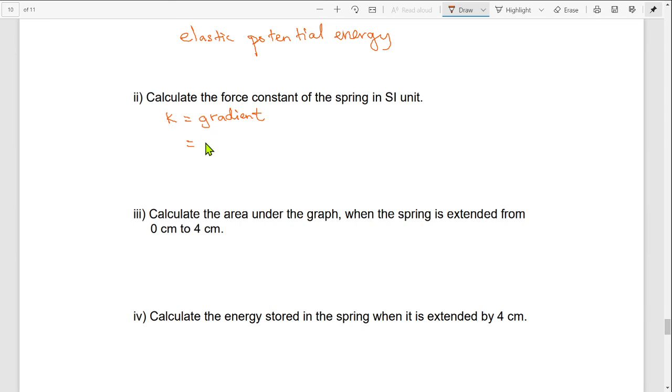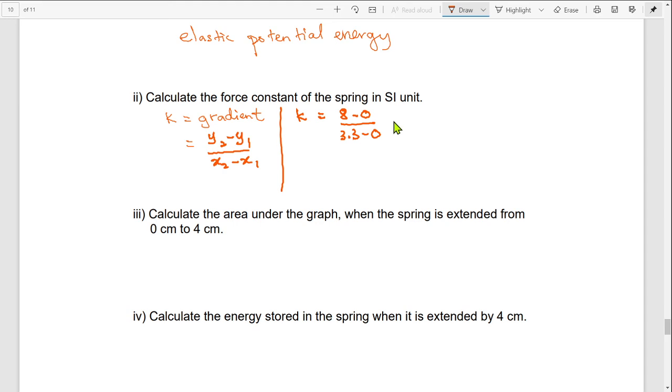From your math class you learned gradient equals y2 minus y1 divided by x2 minus x1. So your k equals 8 minus 0 divided by 3.3 minus 0.